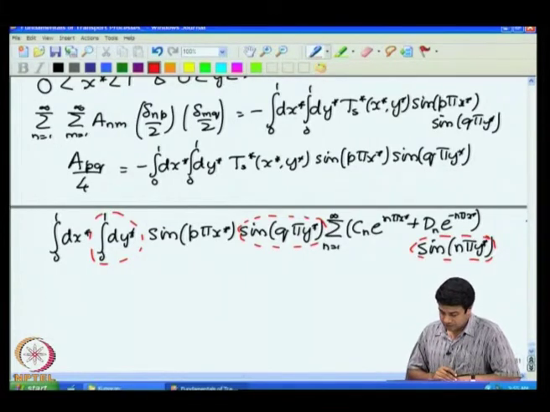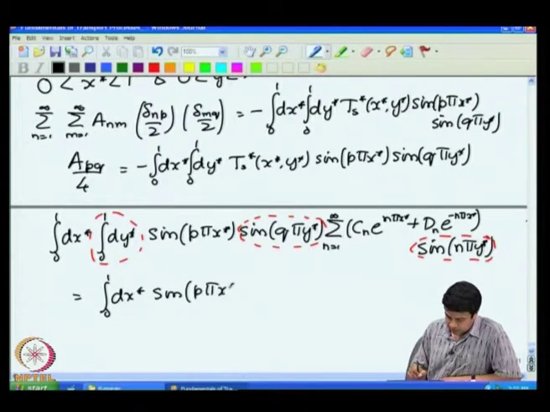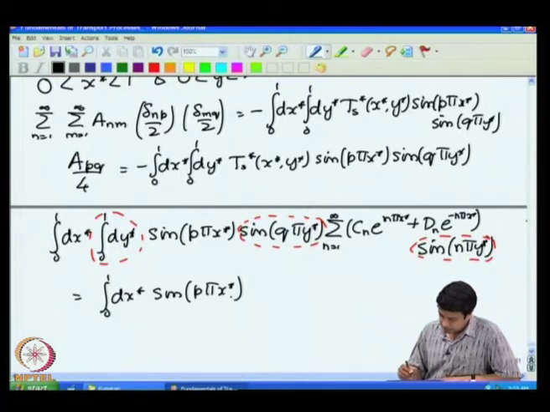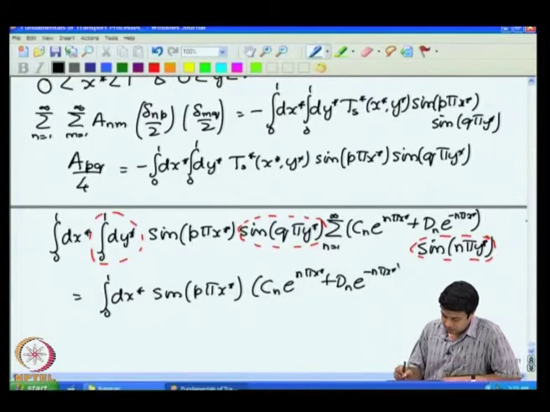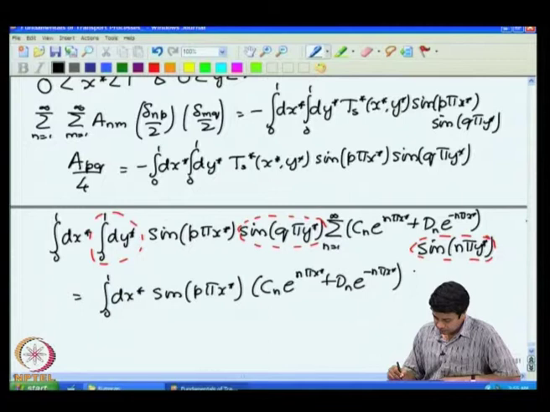So, this is just going to be equal to integral 0 to 1 dx sine p pi x, into Cn e power n pi x plus dn e power minus n pi x, into delta n q by 2.